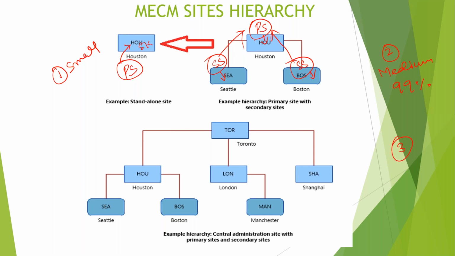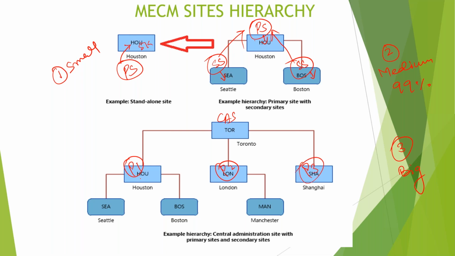Now the third example is for big size organizations like IBM, HCL, Deloitte, Accenture, right? These are big organizations where you have central plus primary plus secondary. So central is sitting on the top and you will have more than one primary site: primary 1, primary 2 and primary 3.